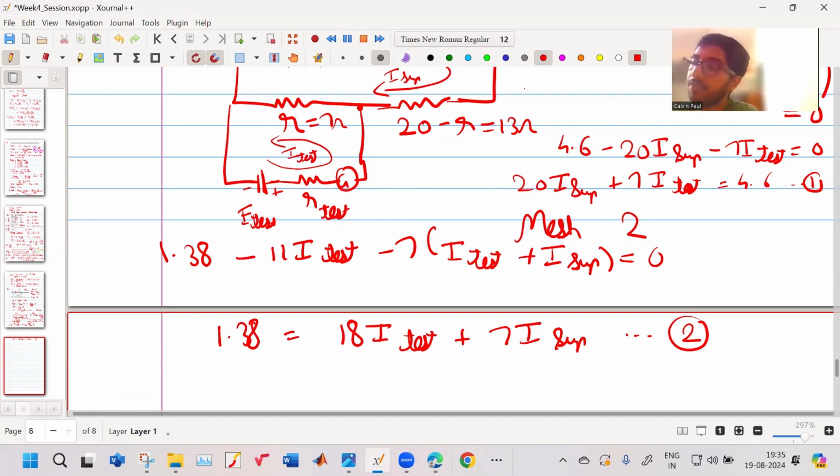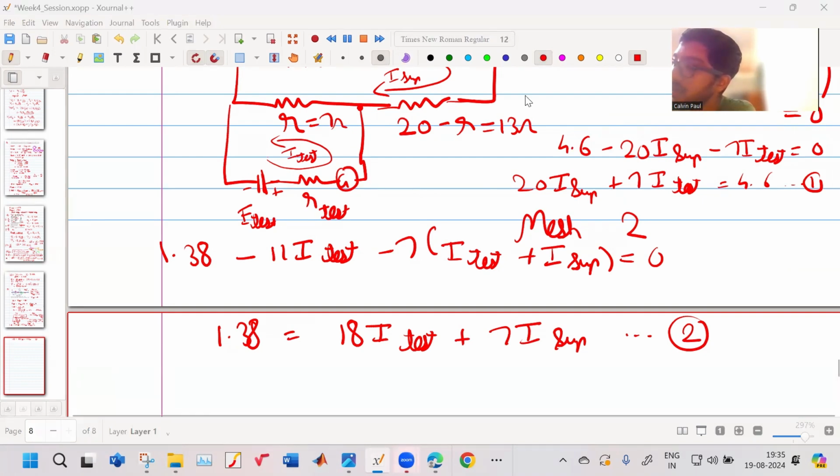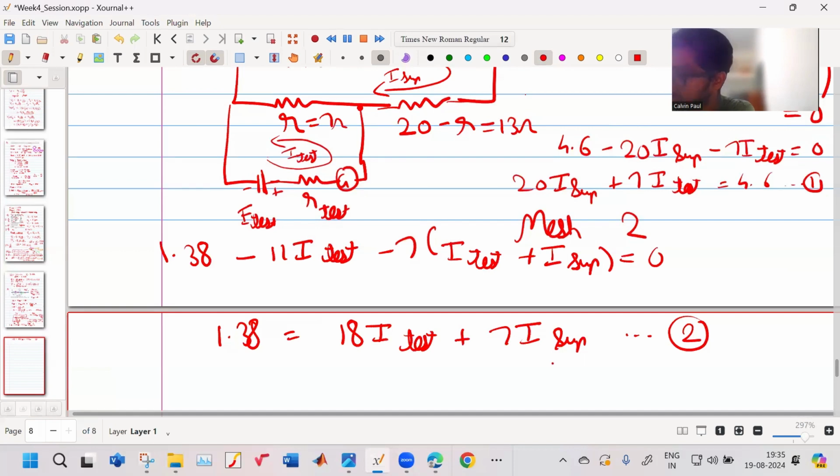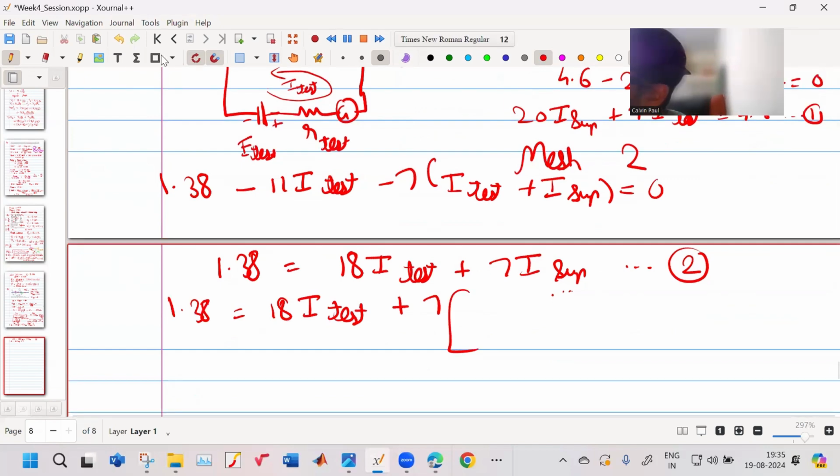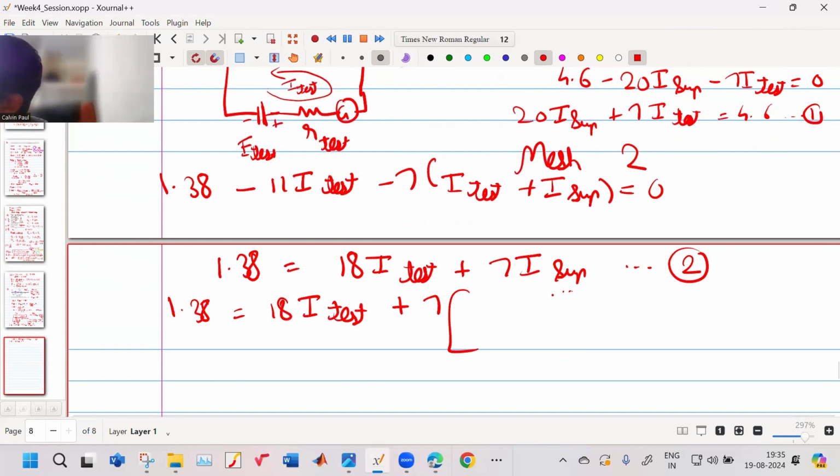So what do we need to find? We need to find I test. So I will substitute the value of I supply in this equation to get the value of I test. So I'll write 1.38 is equal to 18 into I test plus 7 into I supply.